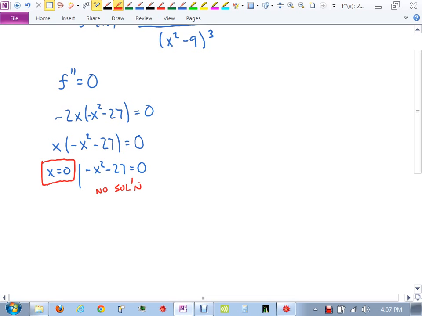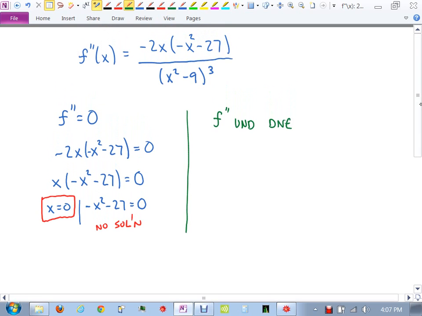No solution. Where's the second derivative undefined or does not exist? Do you have any issues with the second derivative? Same thing as before, positive and negative 3. So we still have an issue there that causes that thing to go crazy.